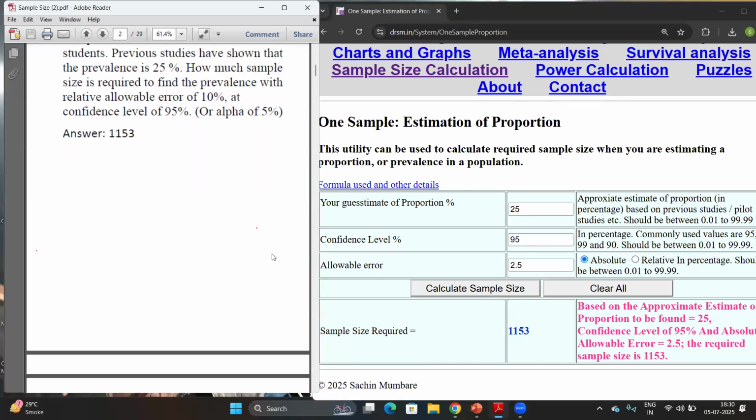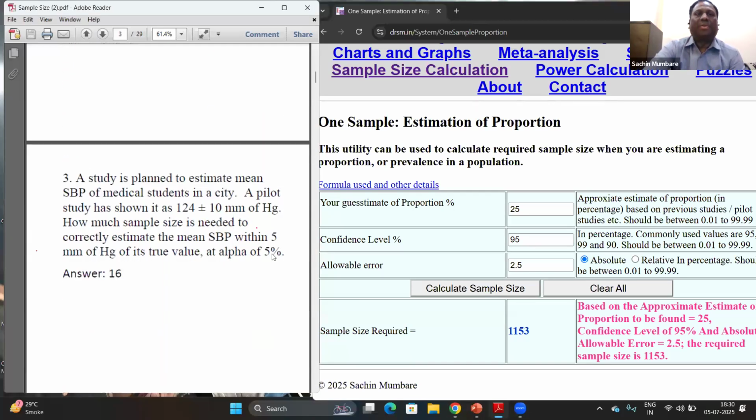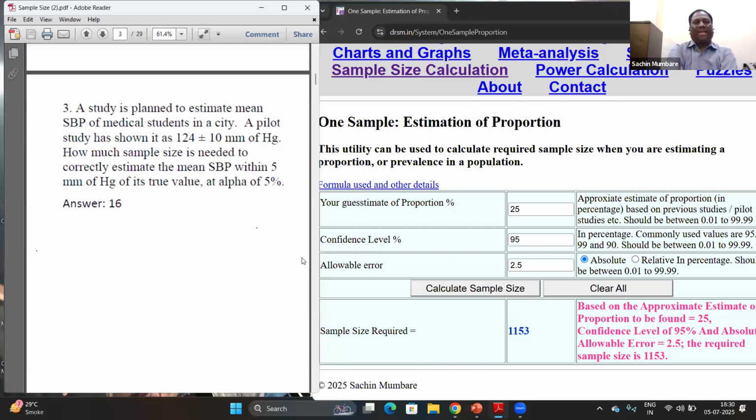Yes, sir. Okay. Next example. A study is planned to estimate mean systolic blood pressure of medical students in a city. A pilot study has shown it as 124 plus minus 10 mm of Hg. How much sample size is needed to correctly estimate the mean systolic blood pressure within 5 mm of Hg of its true value at alpha of 5%?